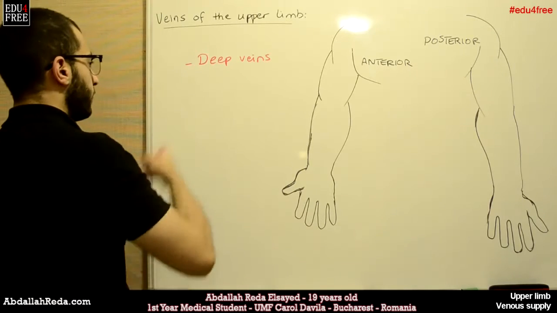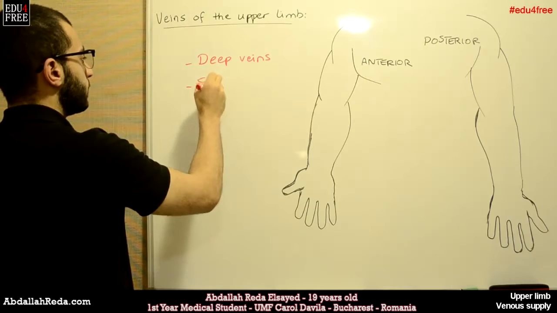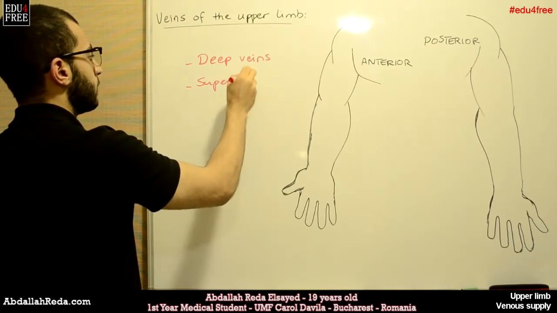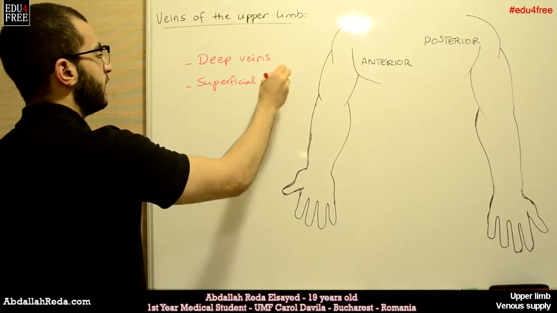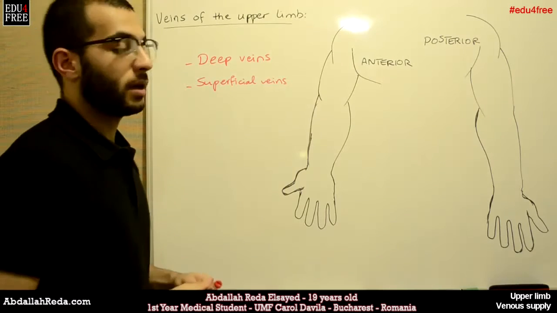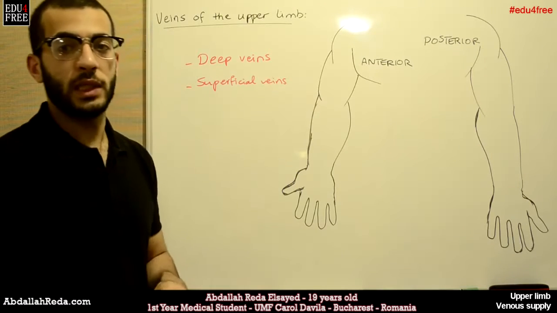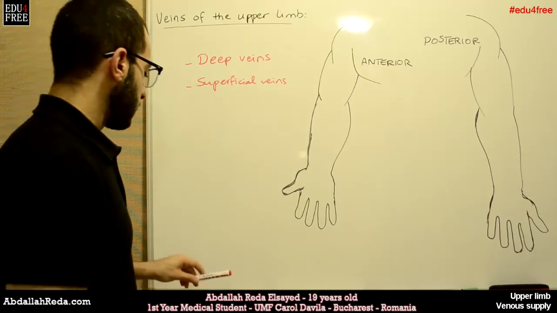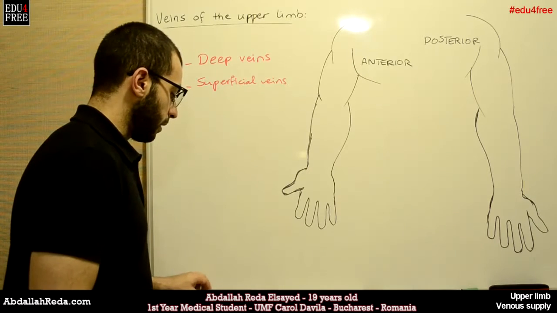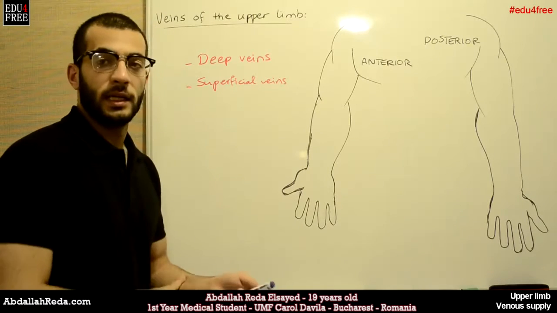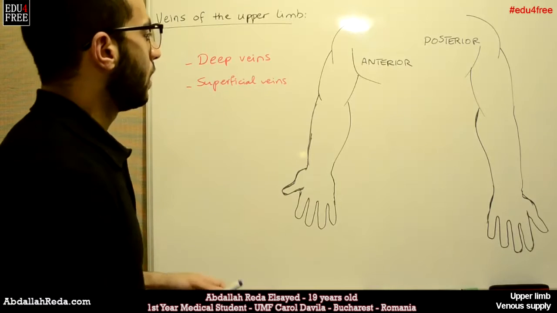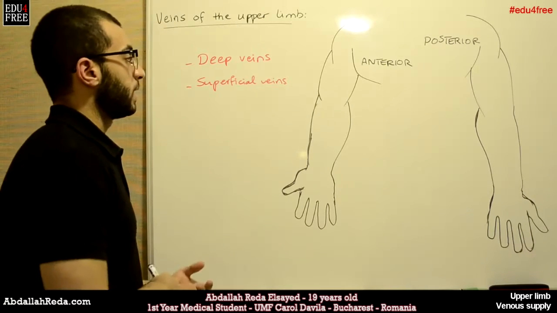We have another group of veins which is superficial. And these superficial veins are called so because they are subcutaneous. Subcutaneous means that they run directly below the skin and they are palpable, so you can feel them by touching the skin.